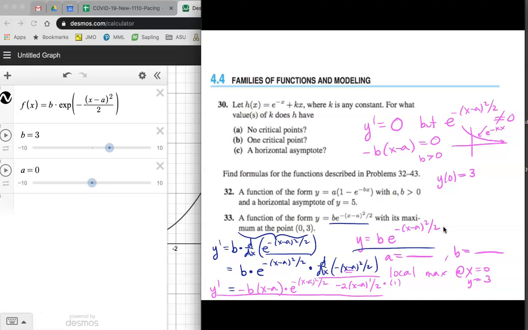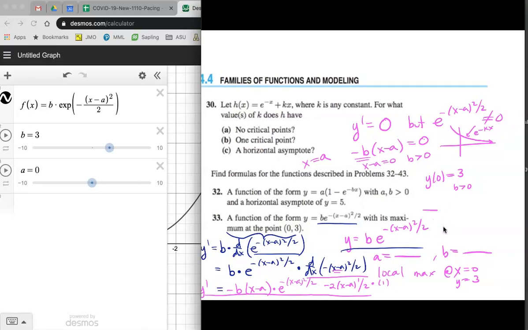So that means that b is going to have to be a positive number. So if b is positive, that means that x minus a is going to have to equal 0, which means that x is going to have to equal a. And that is our critical number now.